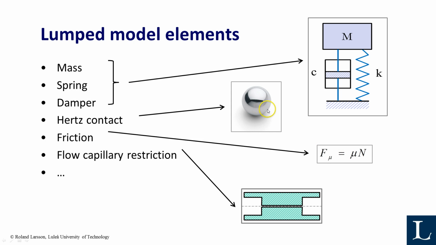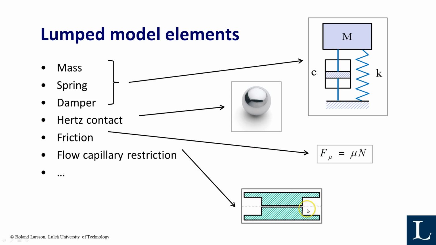A Hertz contact, since I'm working myself pretty much with tribological problems, I often face problems where a spherical ball, for example, meets a flat surface like this. In that case you can find the force deflection curve by using something called the Hertz contact theory. And that's also a 1 degree model.